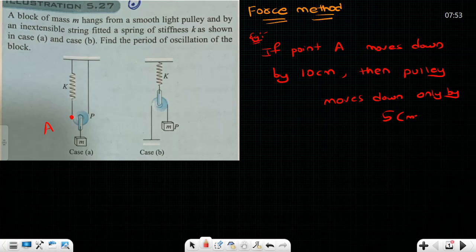Got this? How will I explain, one second. Let's say right now the spring is like this and the pulley is attached. You have some length, let's say P and P, on both sides. Now the spring got elongated by 10 centimeters. Then what happens?